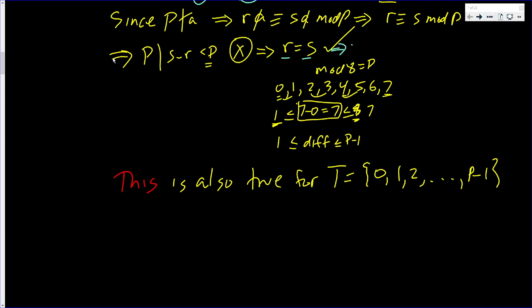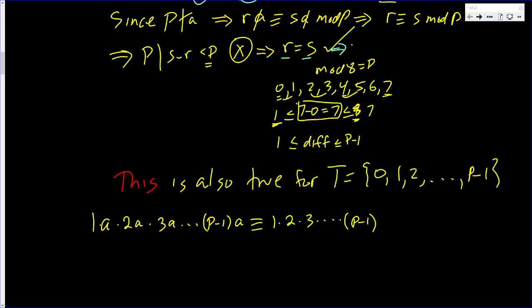Okay, that means if I multiply, let's do the other one first. 1A times 2A times 3A all the way up to P minus 1 times A must be congruent to 1 times 2 times 3 up to P minus 1.